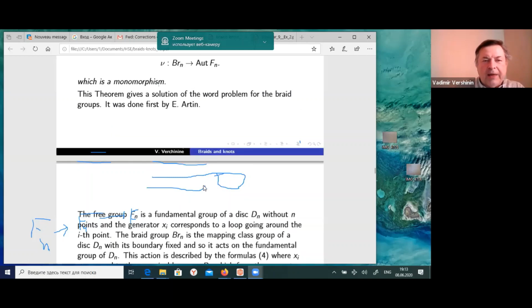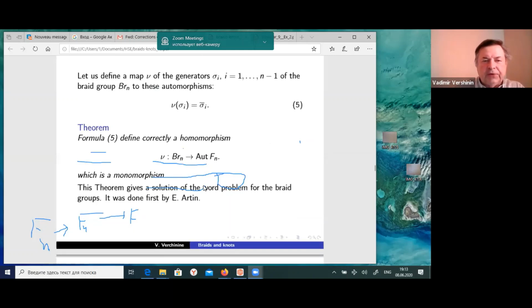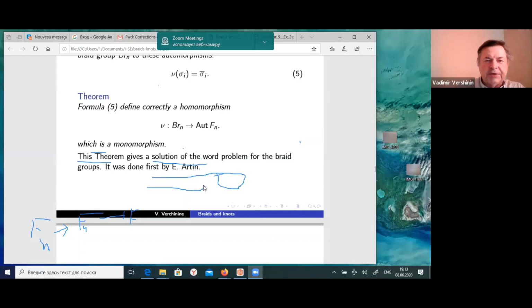And why is this theorem interesting for us? Of course, it's interesting because it gives us a relation between a purely algebraic object, as you can consider, and a geometric object, maybe not purely. But also because it gives the solution of the word problem for the braid group.